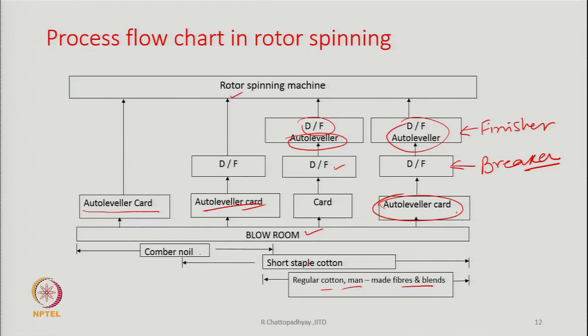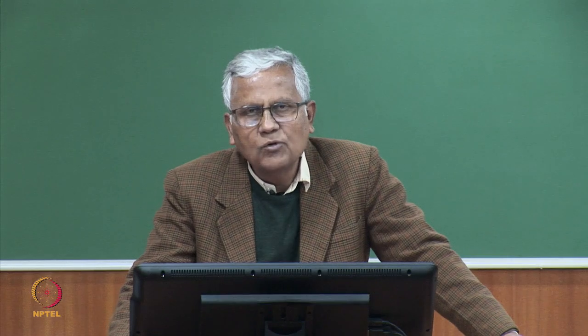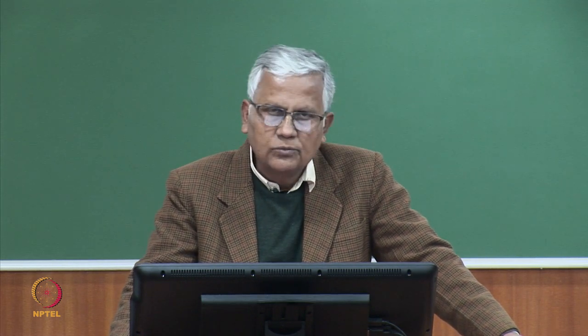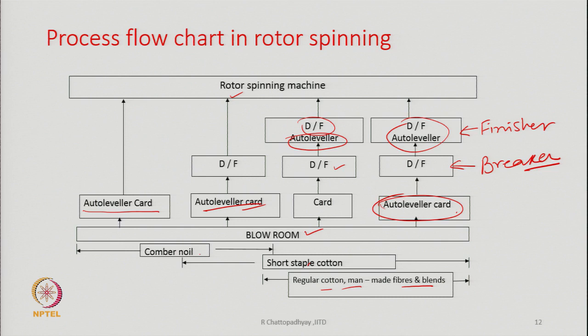By having this thing. So, whatever process flow chart that we follow depends upon what yarn count I am going to make and how good quality yarn I want to produce, which is also dependent upon the buyer's need and his paying capacity.